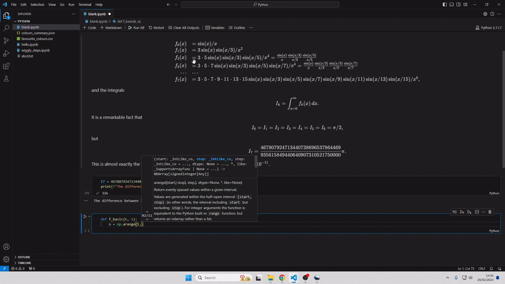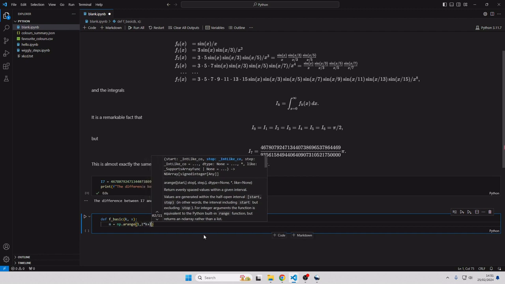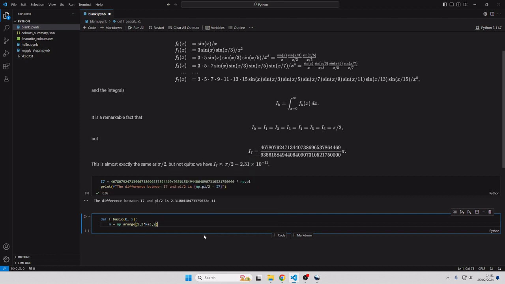Okay, so the last one here, k is 2, we're stopping at 5, k is 3, we're stopping at 7. In general, we're stopping at 2k plus 1, which means we're stopping just before 2k plus 3. Okay, so we're doing odd numbers, steps of 2, starting at 1, stopping just before 2k plus 3. That's going to be the list of numbers that we want.